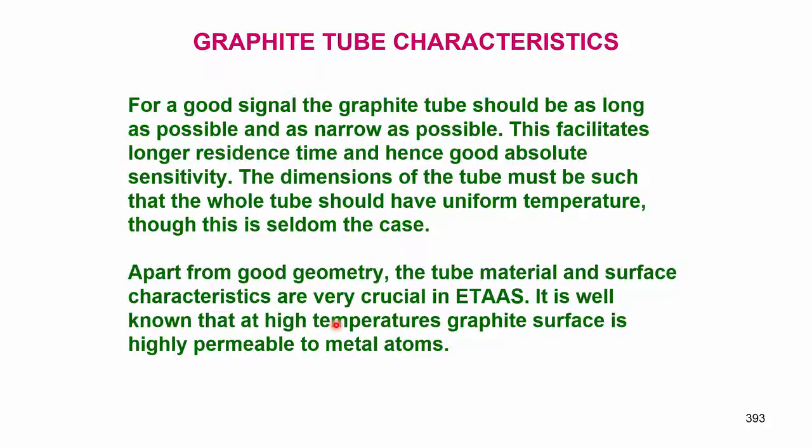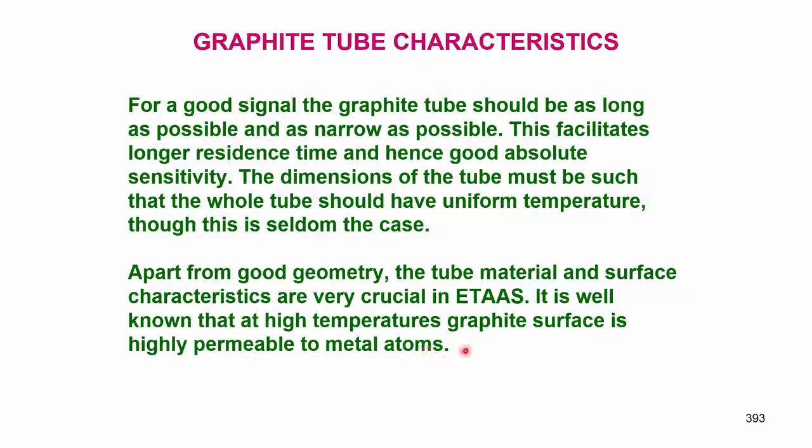If I take a metal solution inside the graphite tube at high temperature, the metal may diffuse into the graphite material rather than form atoms and go out of the system, which is what is required in atomic absorption. At high temperature the graphite surface itself can absorb the metals. This is another problem, but it has been overcome using various techniques which we will be discussing shortly.